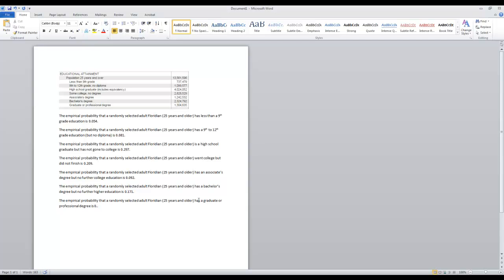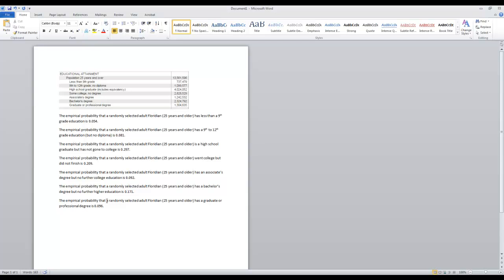That's 1.3 million, so 1,304,635 divided by the total, which is 13,561,596. That is 0.096, so 9.6%. So there are the probabilities. Now, here's the way to check yourself.